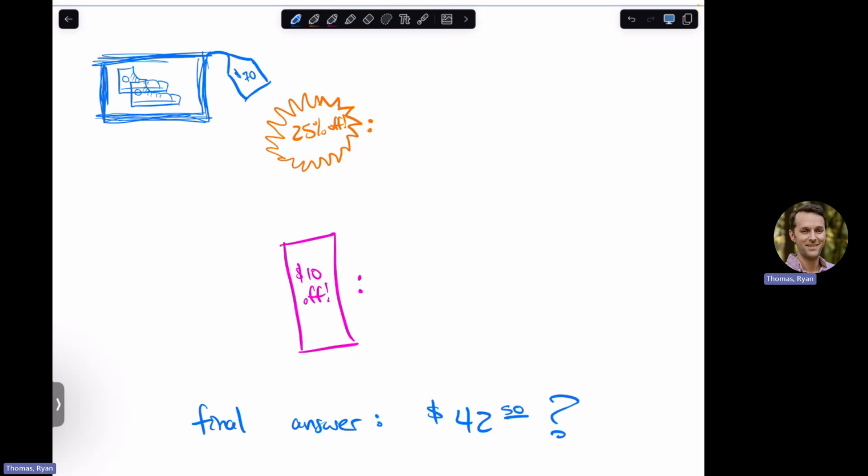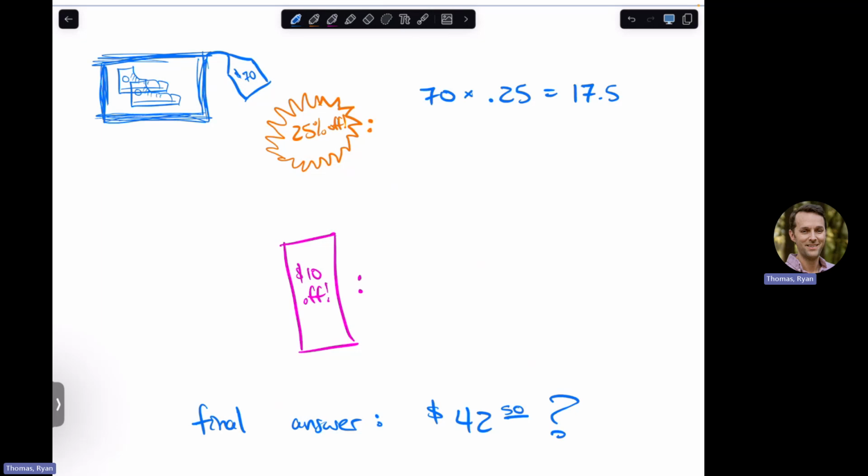So let's first go with discount happens first, then $10 off. How do we do it? Okay. So 70 times 0.25, what are we doing there?